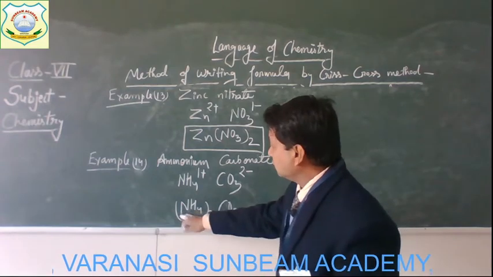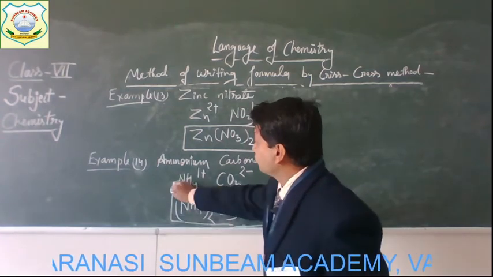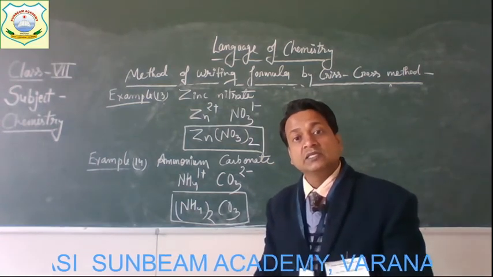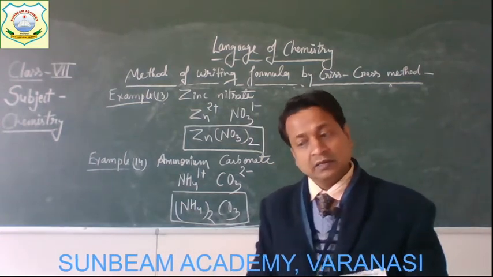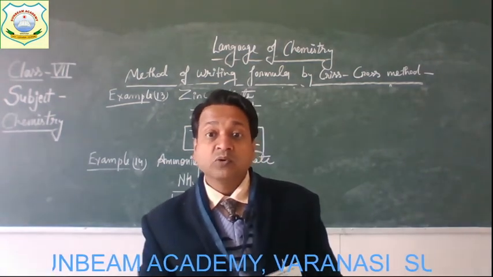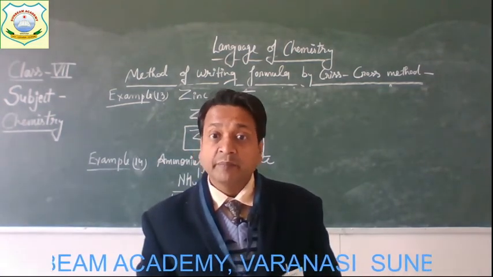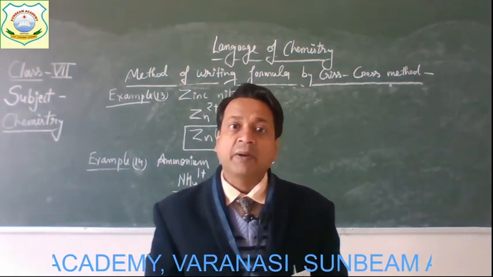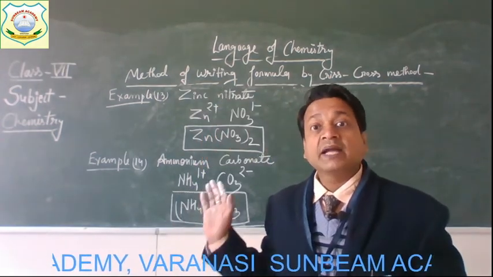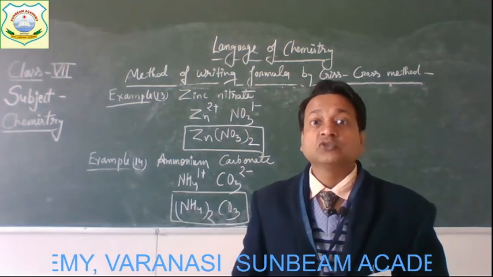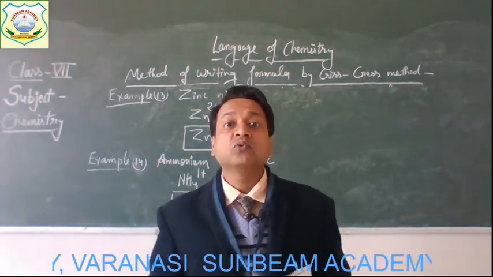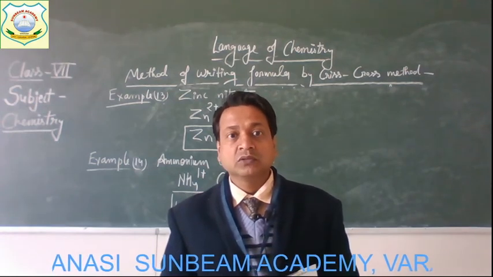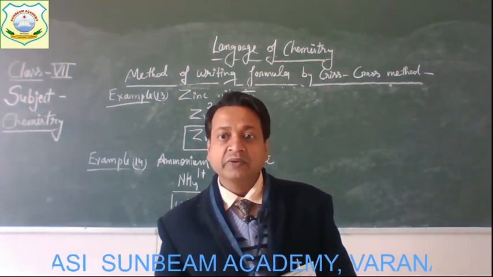So this is the formula of ammonium carbonate, NH4 whole twice CO3. So I hope that you understood the method to write the formula of different compounds by the crisscross method. So children must practice more and more compounds to write their formulas. Get it? Thank you and have a nice day, children.